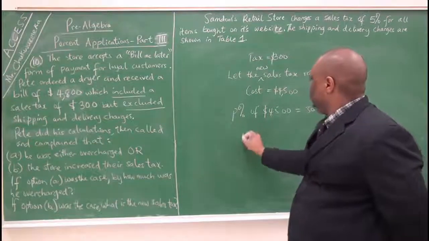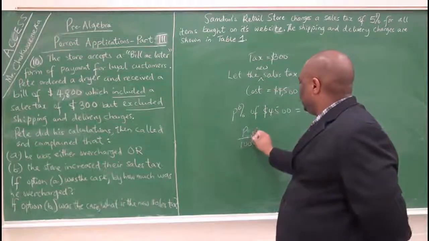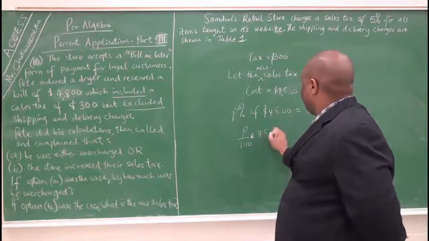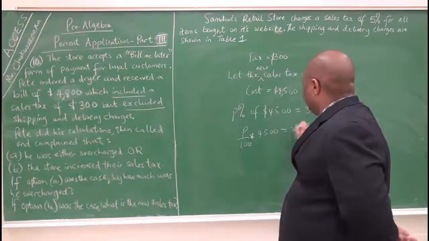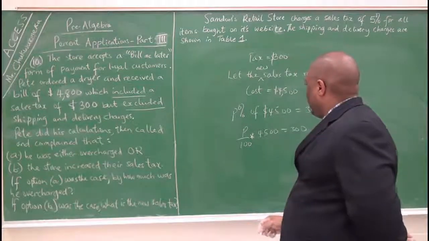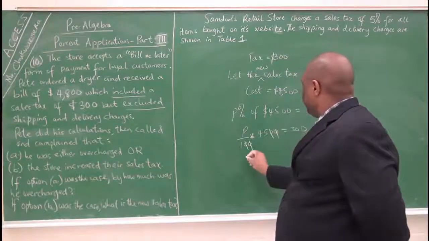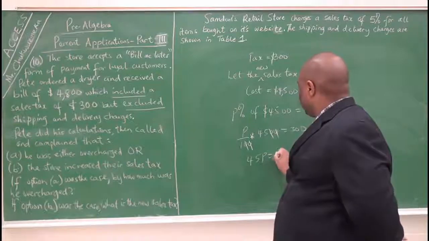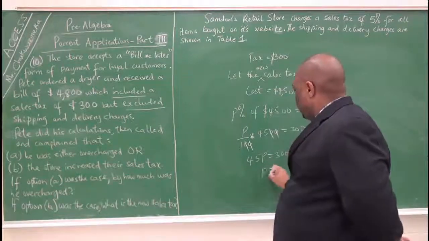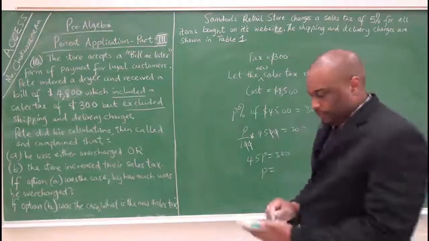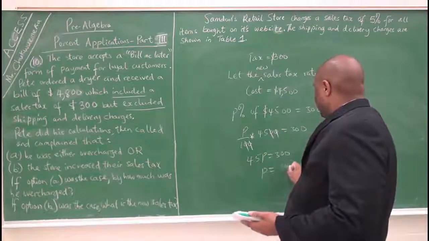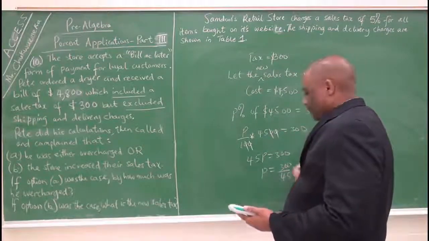So this will be P over 100 times 4,500 equal to 300. Are you with me? So this will cross out. So 45P is equal to 300, and our P will now be 300 divided by 45.